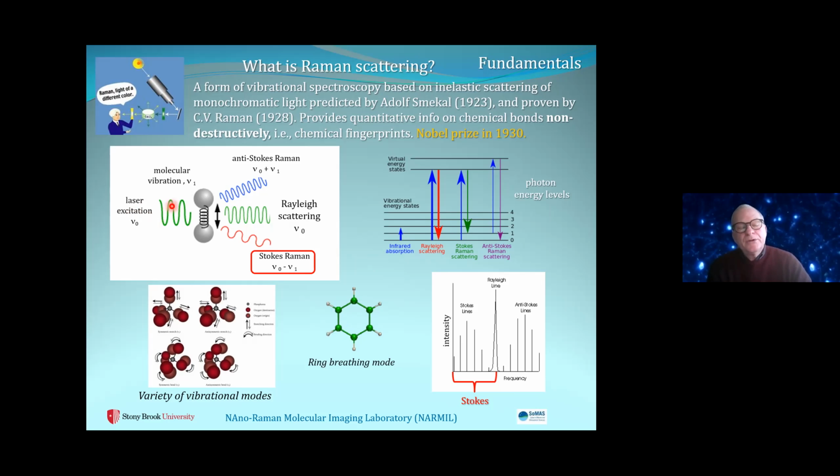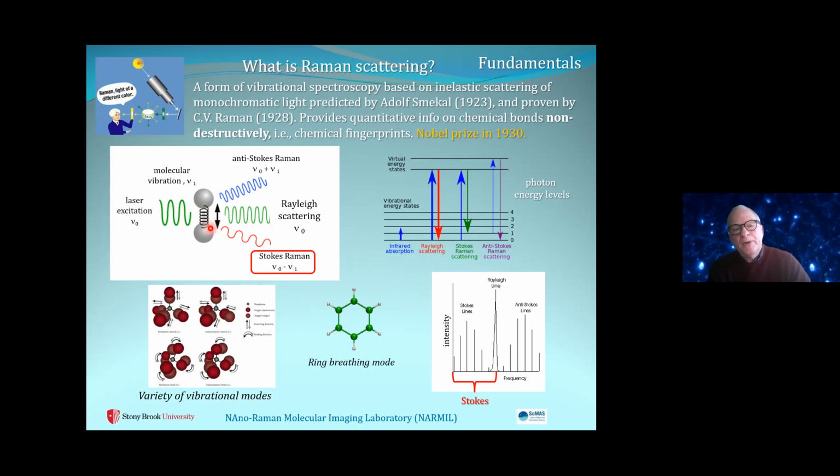We shine laser light onto a target, a specimen, a molecule, a mineral, a cell, and 1 in a million or 1 in 10 million of those photons actually collides with an atom and causes it to vibrate. You can think of it as two atoms linked together with a spring, and the atoms are vibrating away and towards one another.